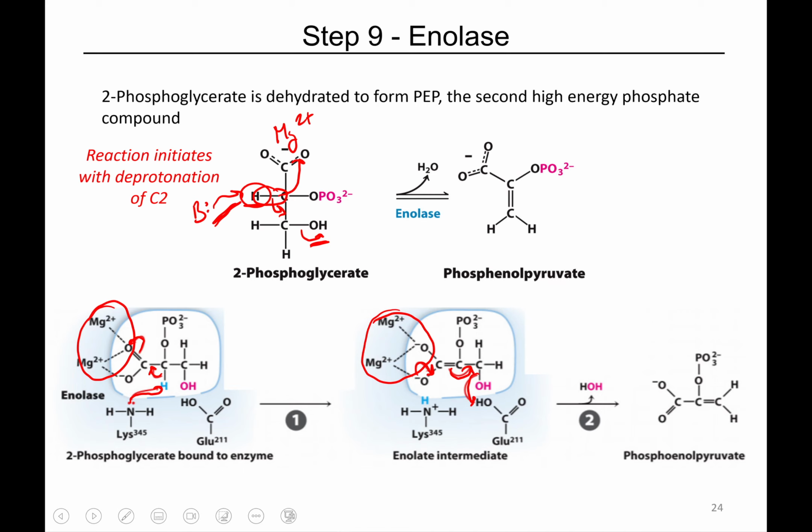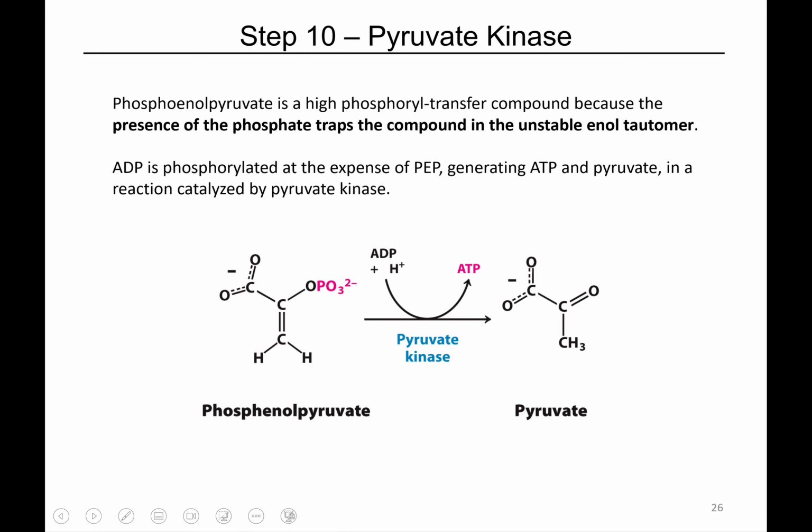And that brings us to our very last step, which involves the transfer of phosphate from phosphoenol pyruvate to ADP, creating our second equivalent of ATP, or really our fourth equivalent of ATP in glycolysis. Right? This is hopefully straightforward chemistry. The same idea with a binding cleft that allows the substrates to bind.